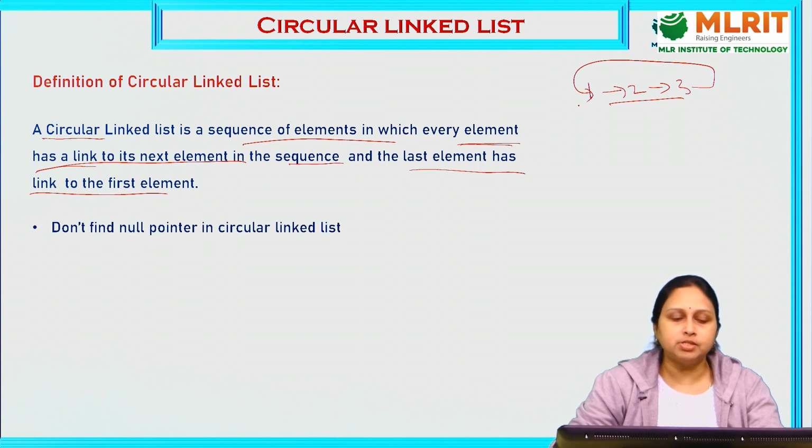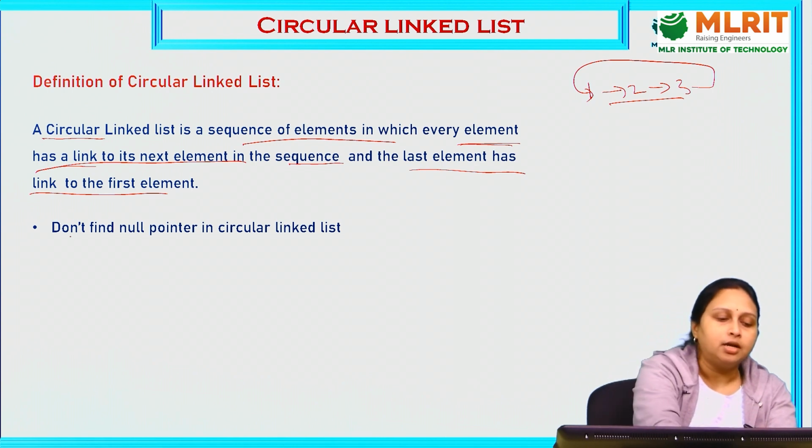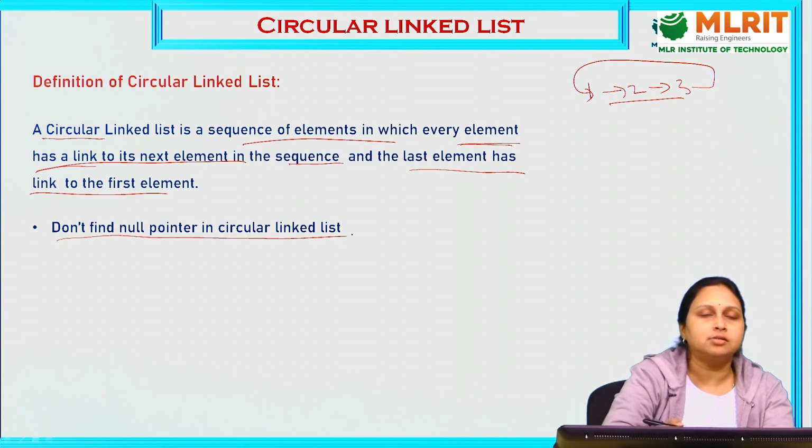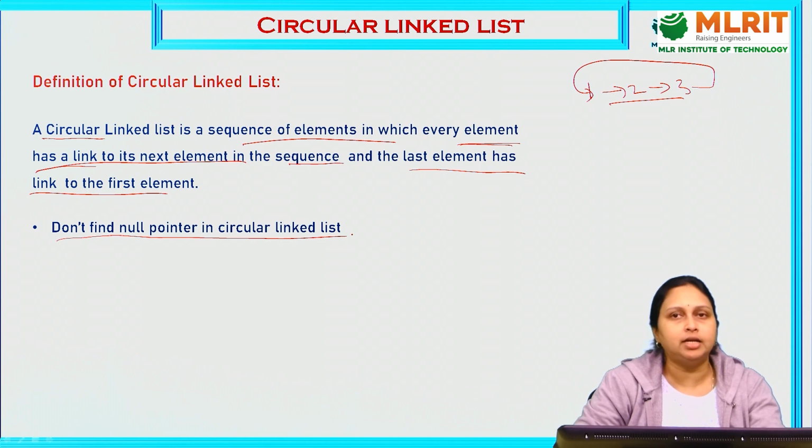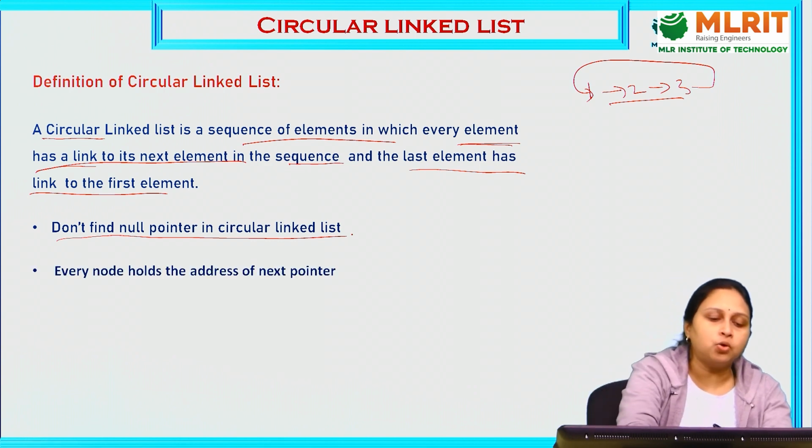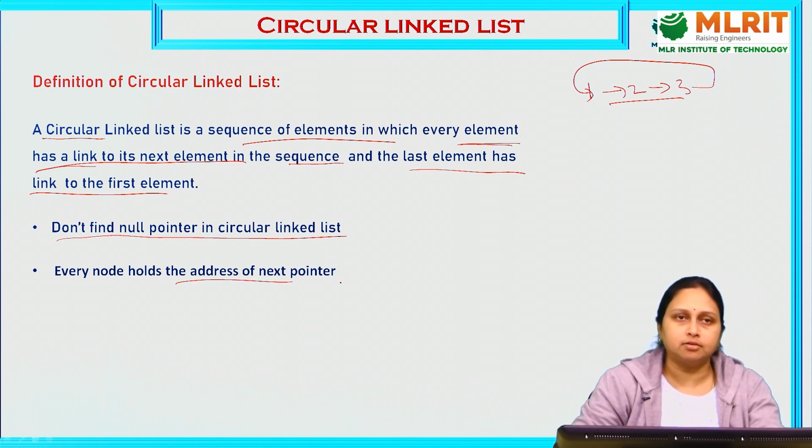And observe here, when we see the diagrammatic representation of a circular linked list, it does not have any null pointers. We don't find any null pointer. Every node holds the address of the next node.